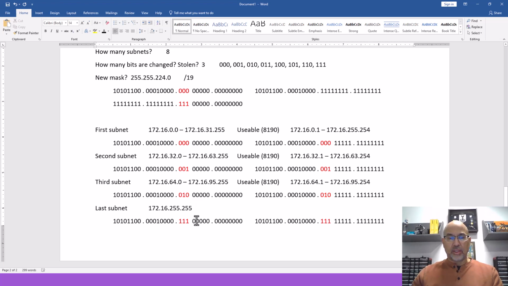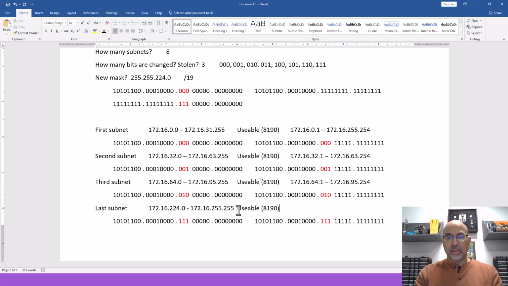And all that we did is the reverse. We put all zeros here in the host portion. Well, what does this work out to be? Turns out that that looks familiar, but we're just going by the binary pattern here. It turns out it's 224.0, like that. And our usable hosts, 8190.